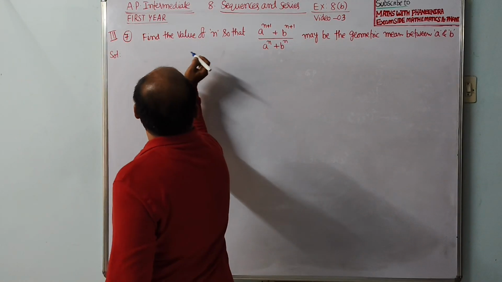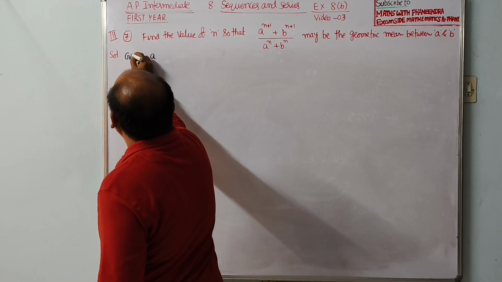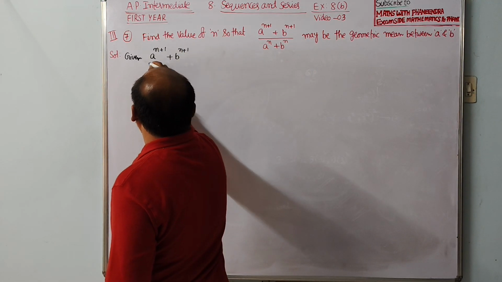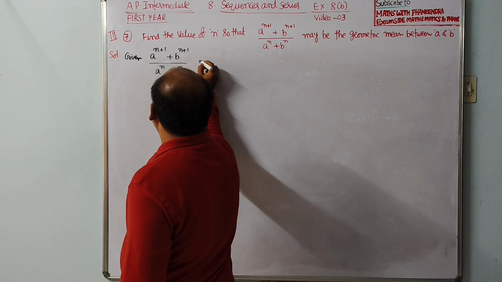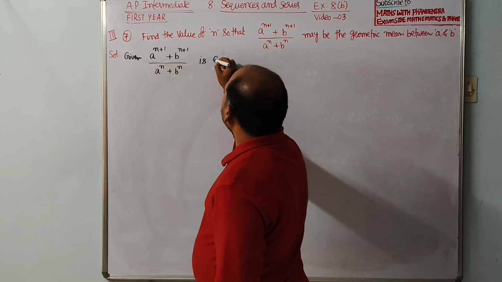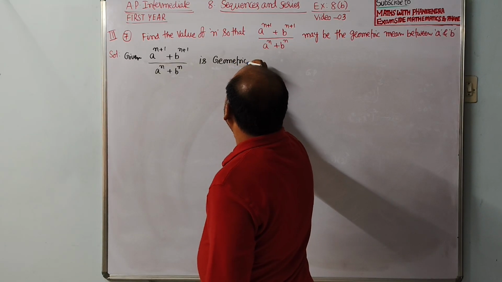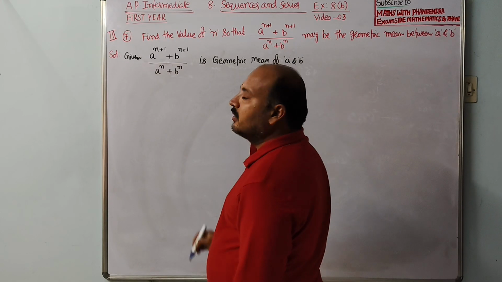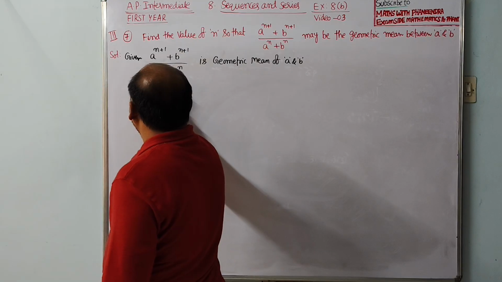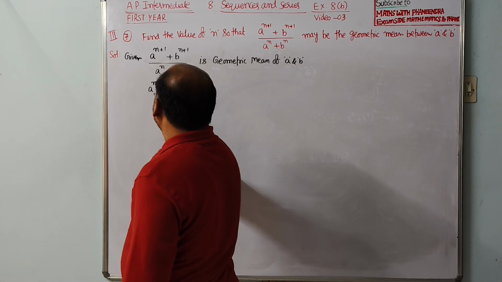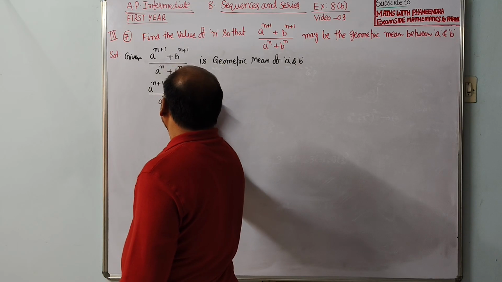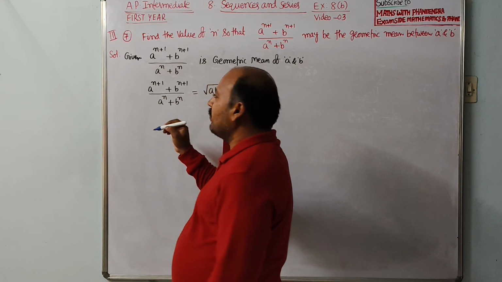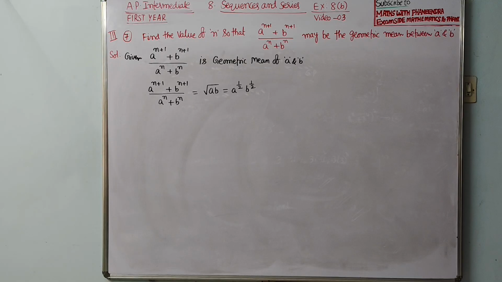So given that (A power n plus 1 plus B power n plus 1) by (A power n plus B power n) is the geometric mean of A and B, that means this value is equal to root AB, that is equal to A power 1 by 2, B power 1 by 2. I hope everyone understands, dear students.